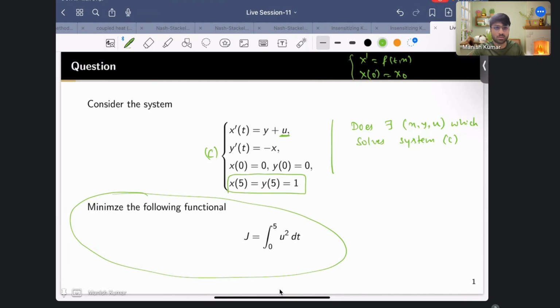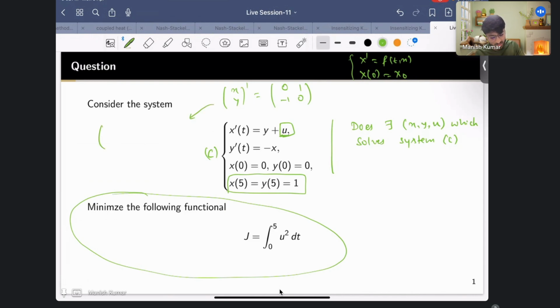This is something that we want: at time t equals 5, the value of x and y should be 1. If you remove this u, then it cannot be possible. The system is (x, y)' equals the matrix with rows 0 1 and minus 1 0 times (x, y). Forget about u.